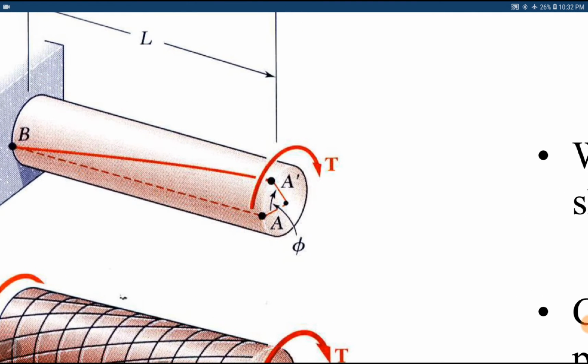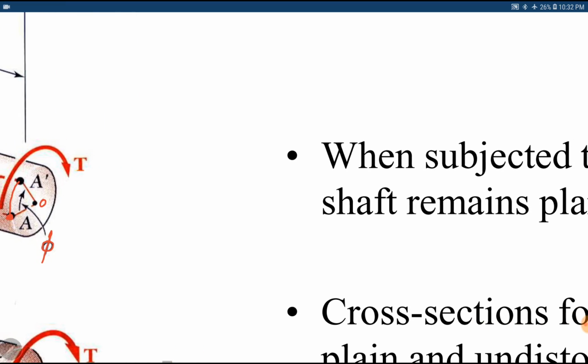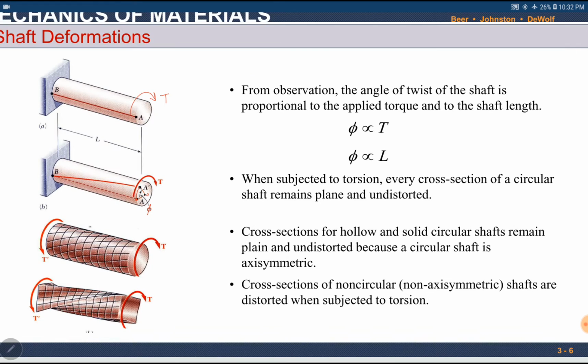So the line OA, the line from the center to the outer surface, has shifted to OA dash. There is a change in angle. This change in angle is denoted with phi, which is called the angle of twist. This angle of twist is proportional to the applied torque and the length of the shaft.